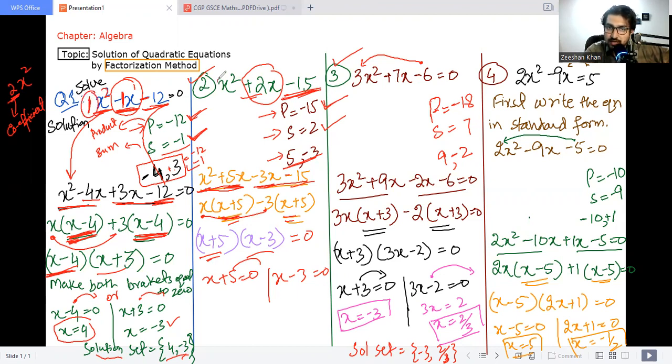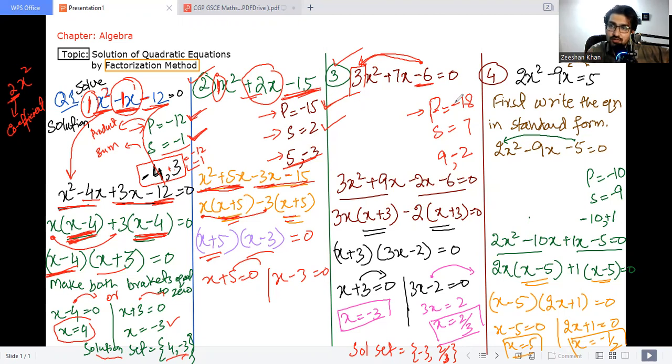The coefficient of x square is 1 here as well. But in this case, the coefficient is 3. Now, when the coefficient is a number other than 1, then we will get the product by multiplying this number with that coefficient. So negative 6 times 3 is negative 18. So this is the product now.